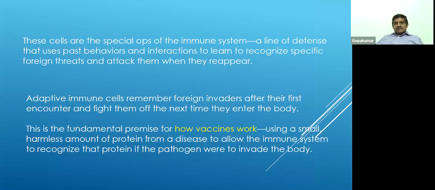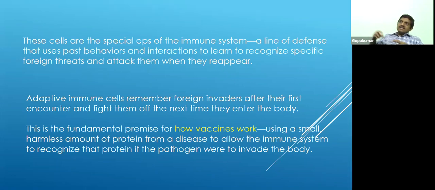Again, this is the fundamental premise for how a vaccine works, because in a vaccine, these antibodies are inserted into our body, so that our B cells know this particular protein. That means the protein that has maybe been made in the body of infected persons.